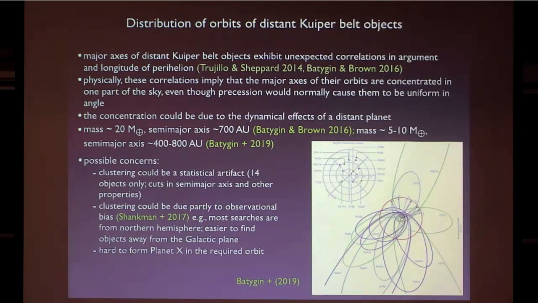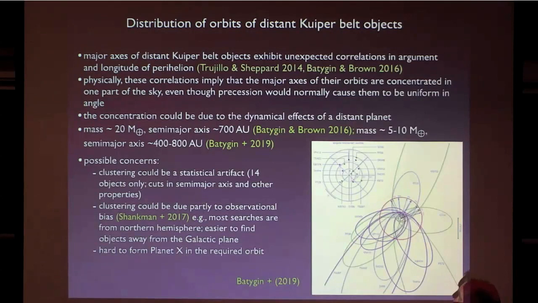Surveys always avoid the galactic plane because of the backgrounds. Most searches are from the northern hemisphere, and so forth. Brown and Batygin claim that they have checked that, and that's not the explanation, but I haven't tried to confirm that myself. And finally, for a planet like this, we just don't have any good way of forming it in any reasonable story about the formation of the solar system.